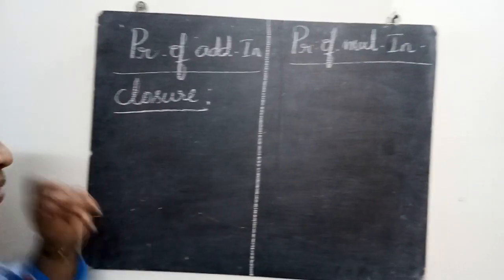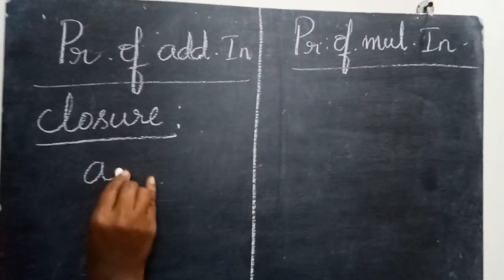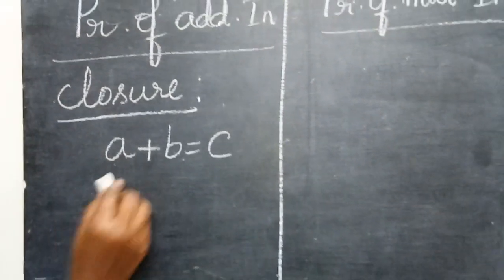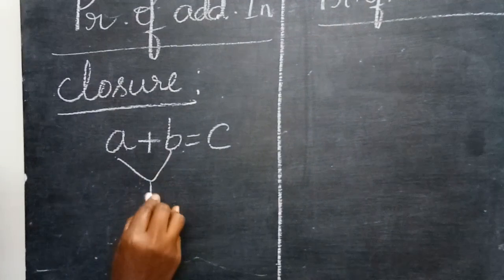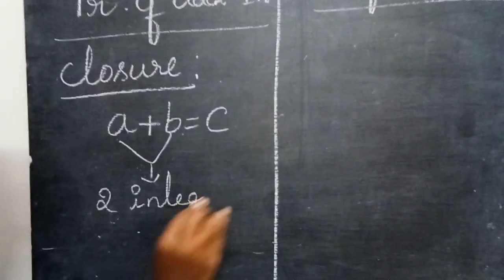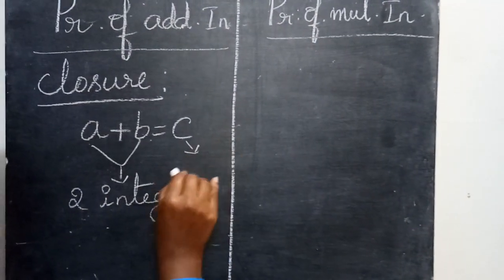Let's see closure property. So here A plus B is equal to C. Here A and B are two integers, and C also another integer.